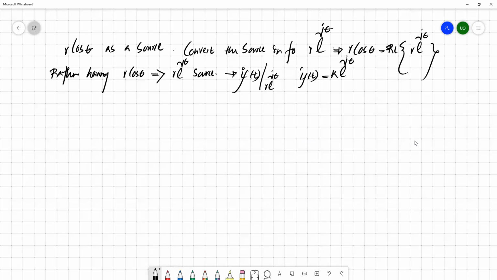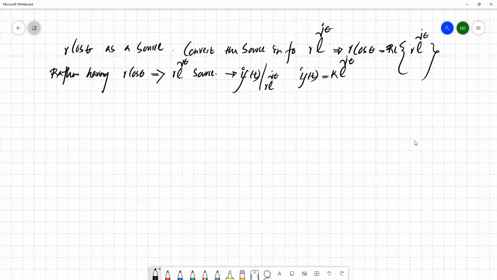If we have a cosine or sine term on the right hand side of the differential equation, the trial solution would be a cos omega t plus b sine omega t. So in the end you have to evaluate two constants, a and b.